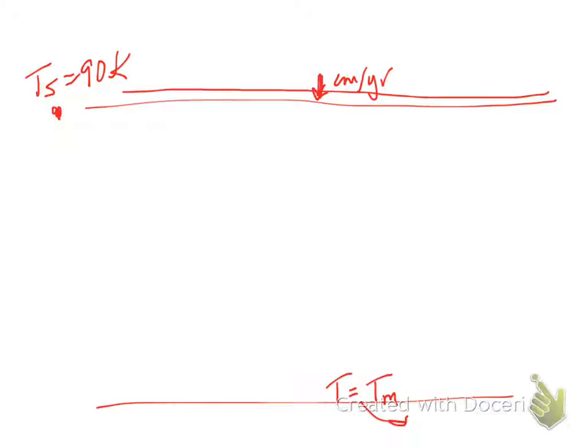So without the advection, the solution is going to be linear if it's in steady state. But in this case, we're adding a little bit of mass that's at that 90 Kelvin and moving it downwards at a centimeter per year. So how is that going to change our steady state solution?